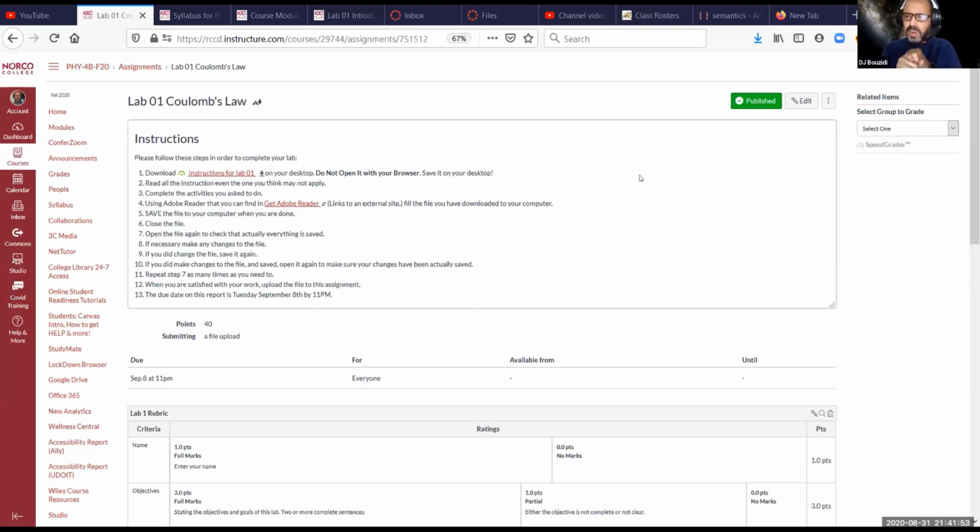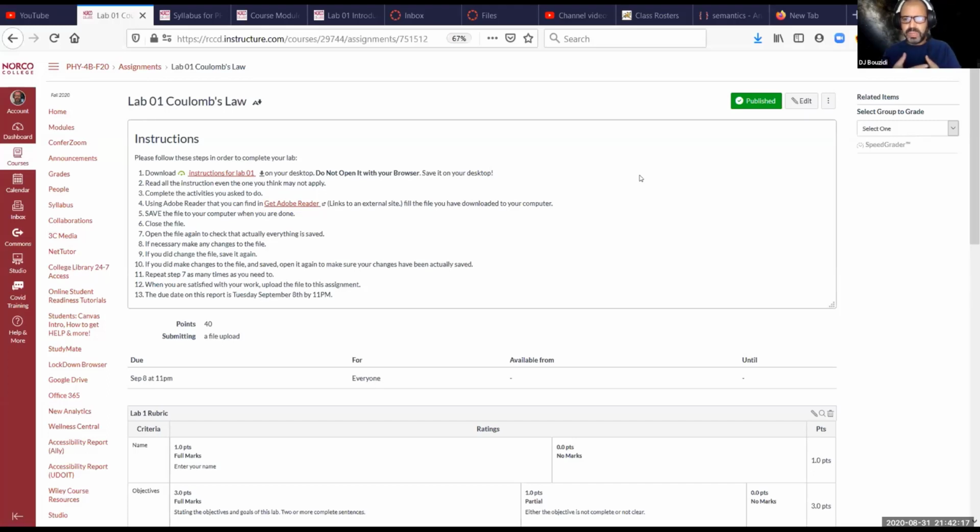I assume by now everybody has the file sitting somewhere on their computer, outside of Canvas. Now, read all the instructions. We're going to go through this meticulously, especially the first one. Then complete the activities you're asked to do. Go through it step by step. If you're asked to do the background information, go through it.